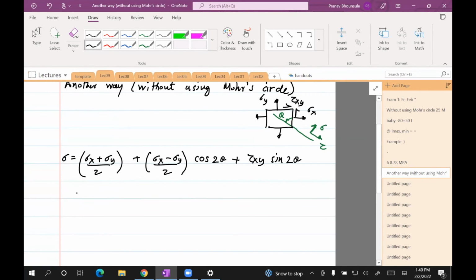And then there's another formula for shear stress, that is tau equals negative sigma x minus sigma y divided by 2 sine of 2 theta plus tau xy cosine of 2 theta.